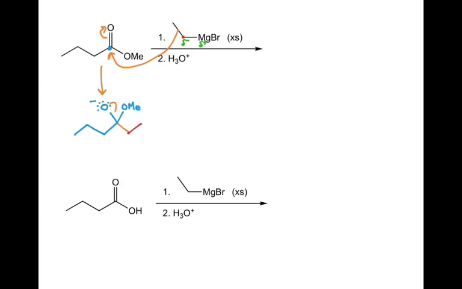A lone pair from the oxygen will actually come back down to reform our double bond, breaking this carbon-oxygen bond. So what that gives us now is we reform our double bond, so we now have again a C double bond O that has formed.